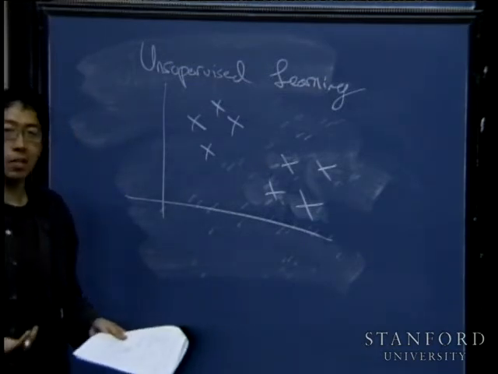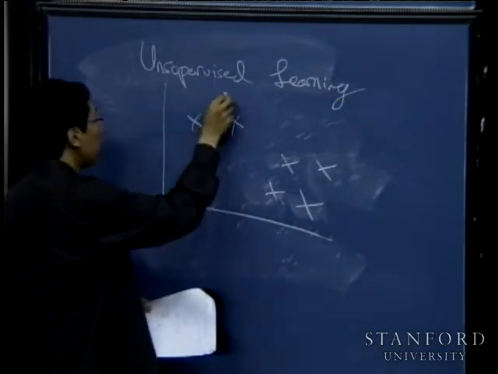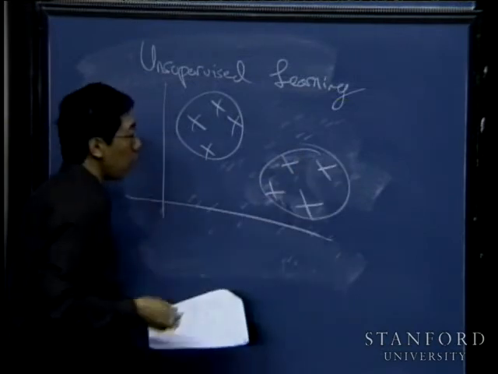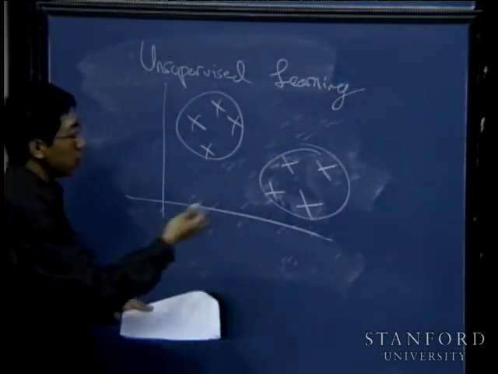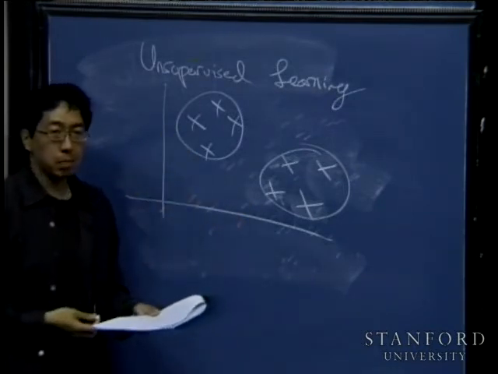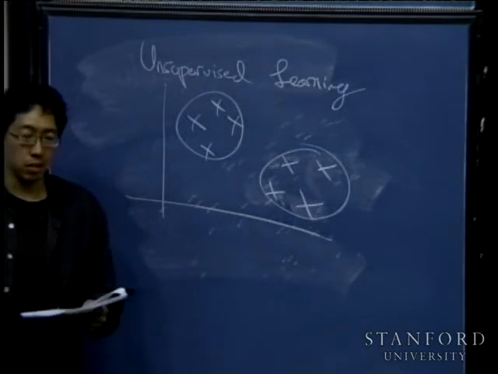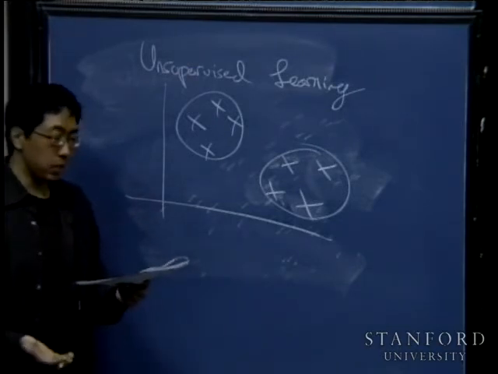So that's the unsupervised learning problem, where you're not given the right answer for everything. For example, an algorithm may find structure in the data in the form of the data being partitioned into two clusters. So clustering would be one example of an unsupervised learning problem.